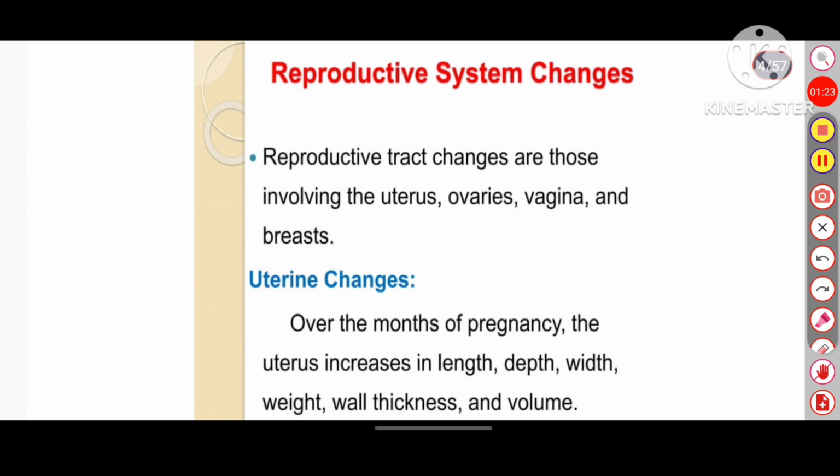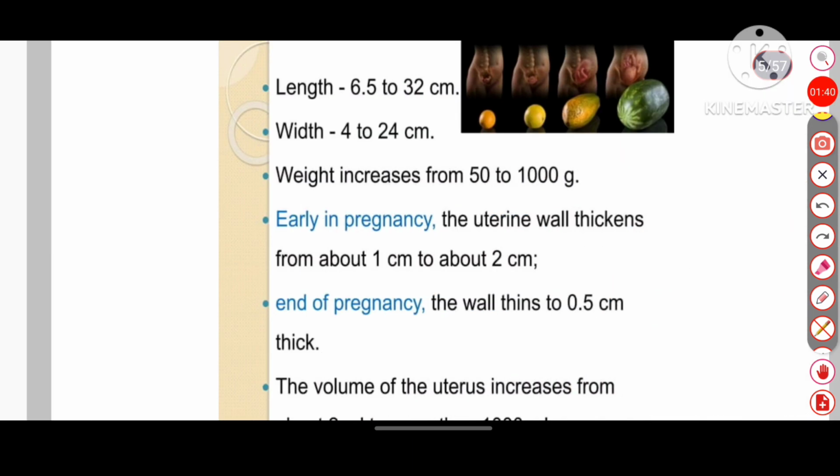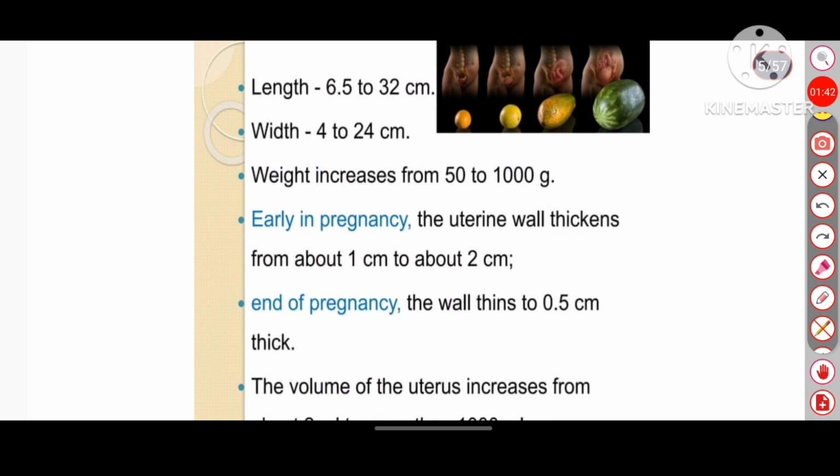The uterine changes during pregnancy occur as and when the fetus increases and grows in size. The uterus also increases in length, depth, width, weight, and wall thickness in volume.